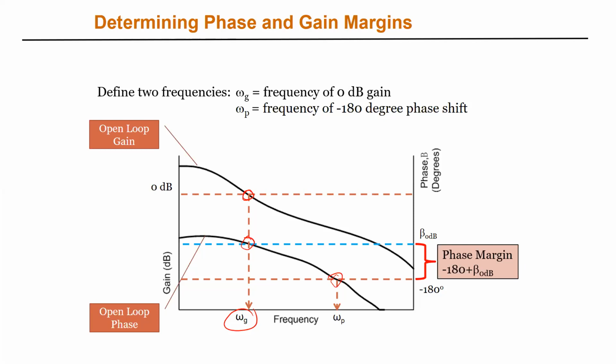The gain margin: I will take the phase crossover frequency, take a vertical line, intersect it with the gain, and read the gain. Then what is the difference between this reading and the 0 dB?